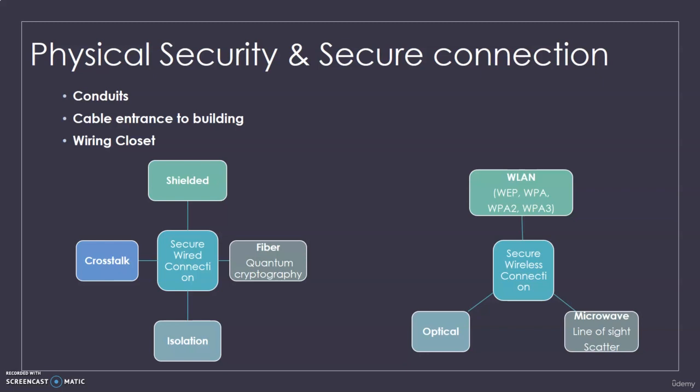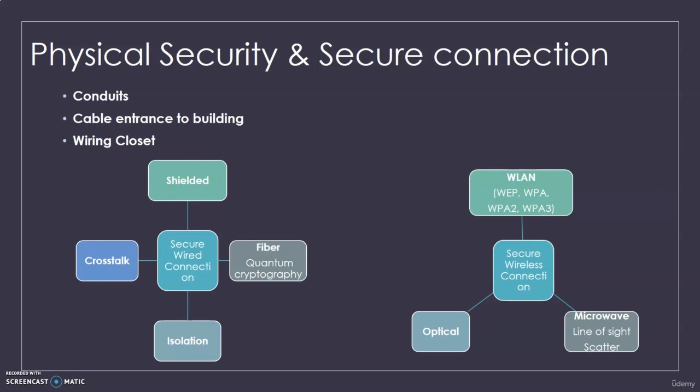We also have optical, where we have a light beam that goes between two different transducers. Now the problem with the optical is, while it can be very good high speed communication, it is susceptible to being line of sight, and so if there is something that blocks it, it can stop that signal.